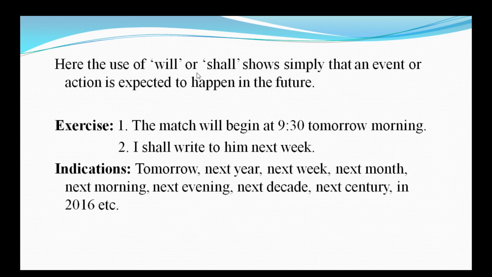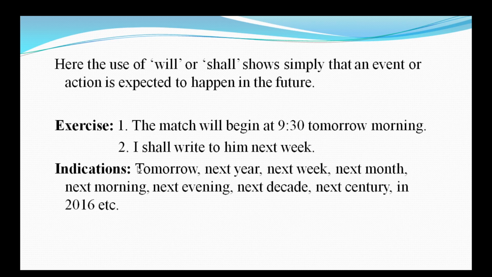Here the use of will or shall shows simply that an event or an action is expected to happen in the future. Here the exercise is: the match will begin at 9:30 tomorrow morning and I shall write to him next week.